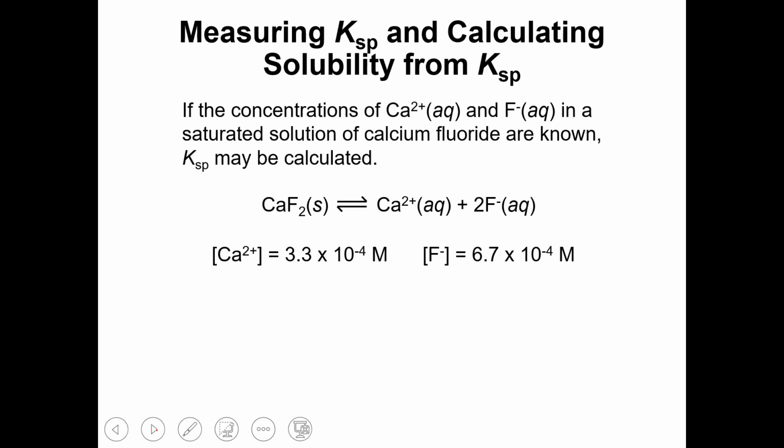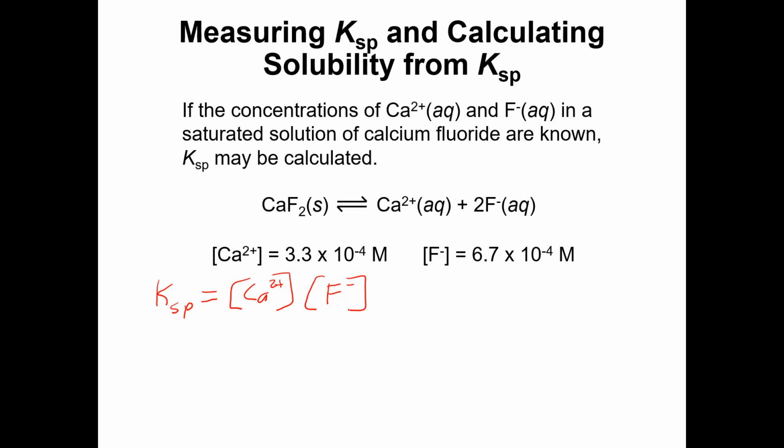So let's look at an example of calculating a solubility product. If the concentrations of calcium and fluoride in a saturated solution of calcium fluoride are known, we want to calculate Ksp. We've already written the equilibrium expression for this equation, but we'll write it here again. Ksp would be equal to the concentration of the calcium ion times the concentration of the fluoride ion.